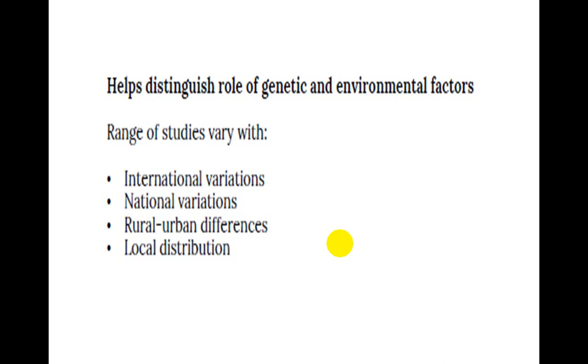National variations. It is obvious that variation in disease occurrence must also exist within the country or national boundaries. For example, the distributions of endemic goiter, leprosy, malaria, and nutritional deficiency diseases have all shown variation in their distribution in Pakistan, with some parts of the country more affected and others less affected or not affected at all.